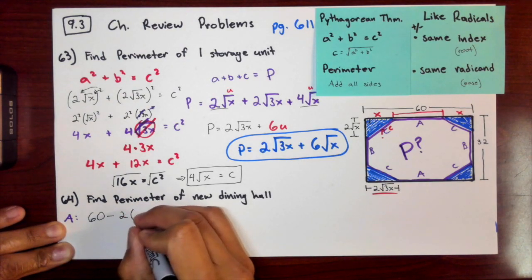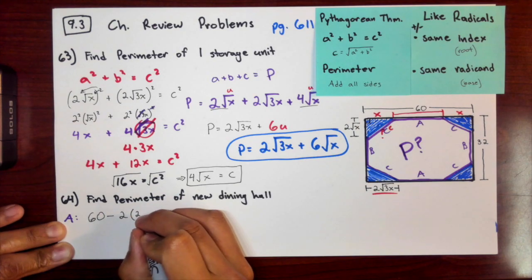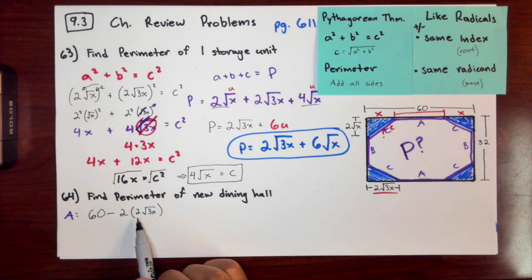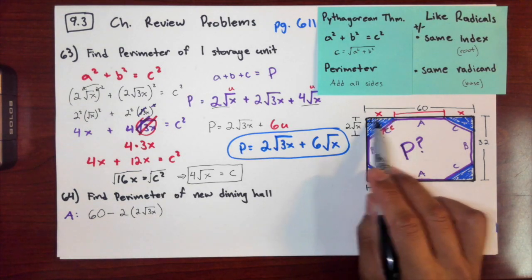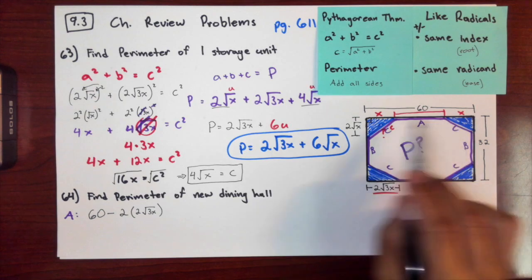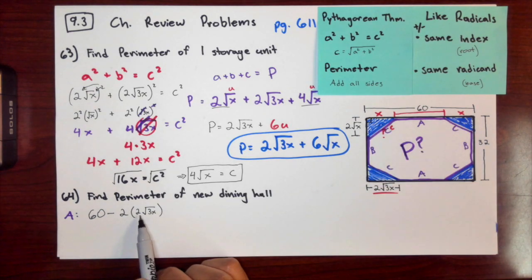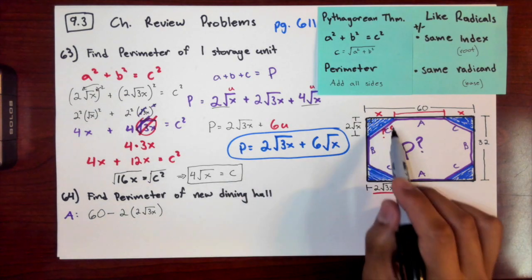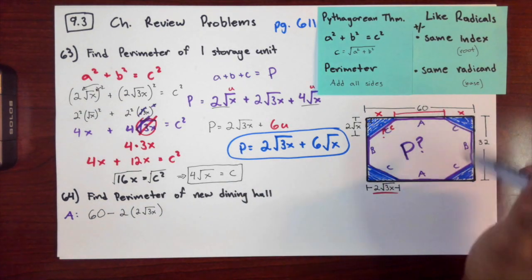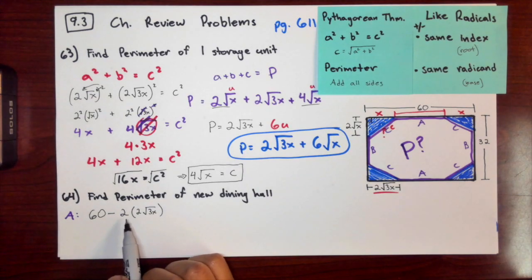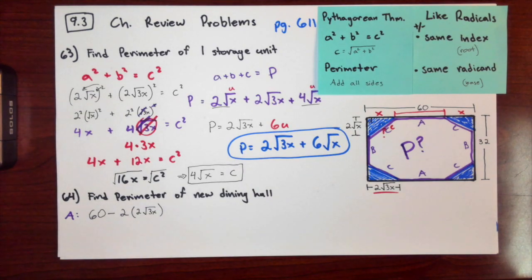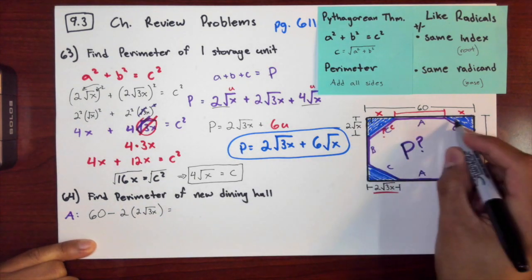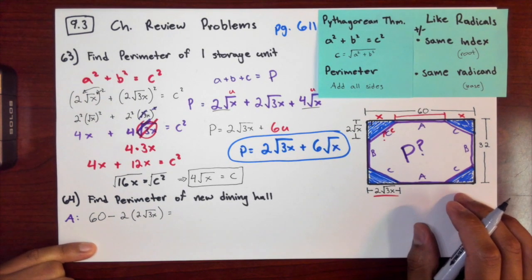So 60 minus 2 times 2 square root of 3x. Now, how did I get that? Basically, this is the length of this value right here, and since there are 2 of them, I wrote 2 square root of 3x, which is one of these, times 2. That just finds this A up here on the top.